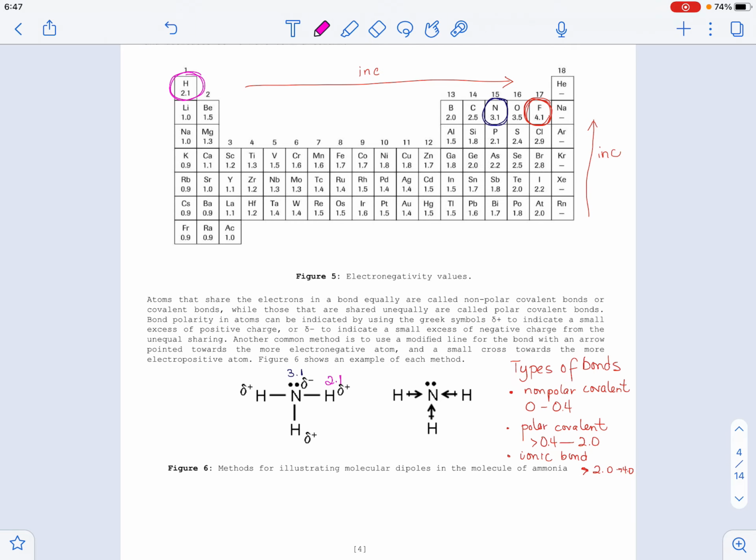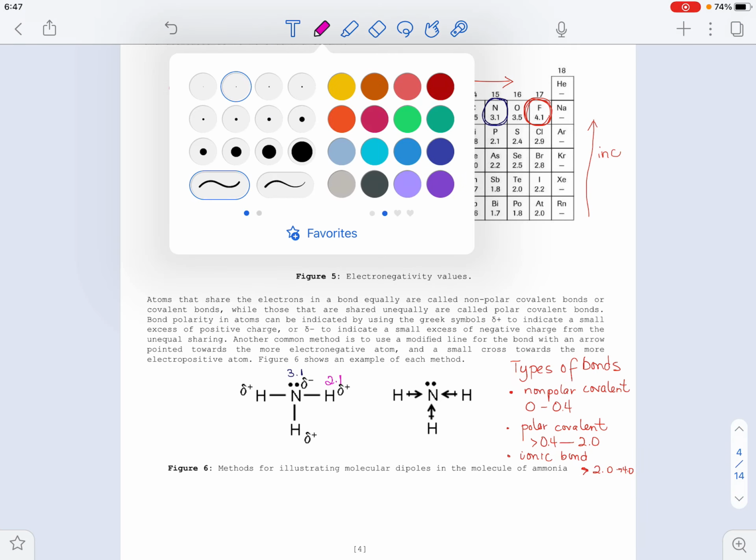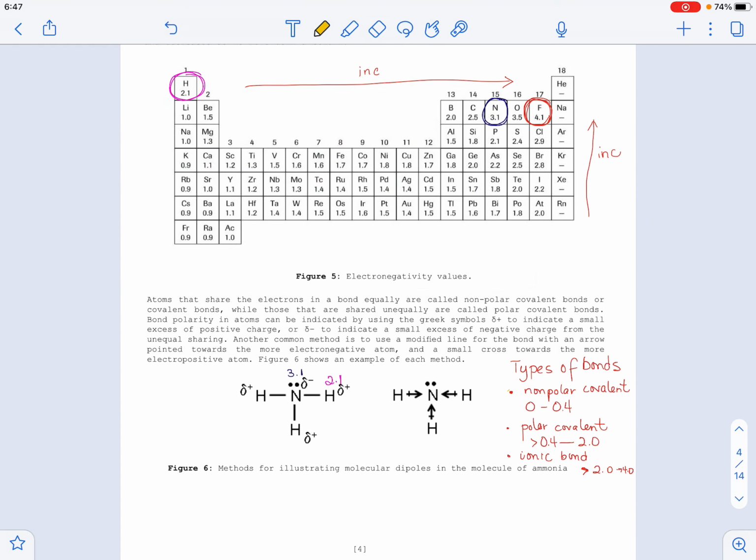So the ranges that I'm illustrating right here: when I use 3.1 minus 2.1, that is a difference of 1.0.